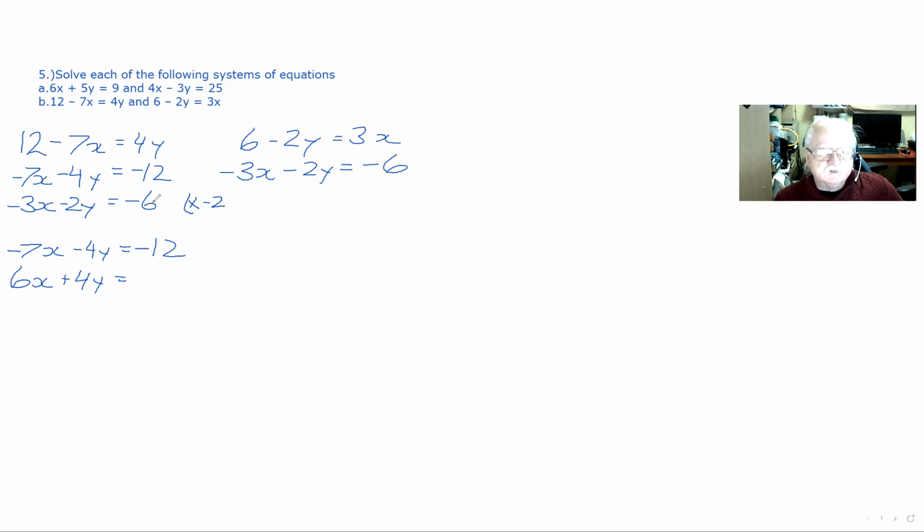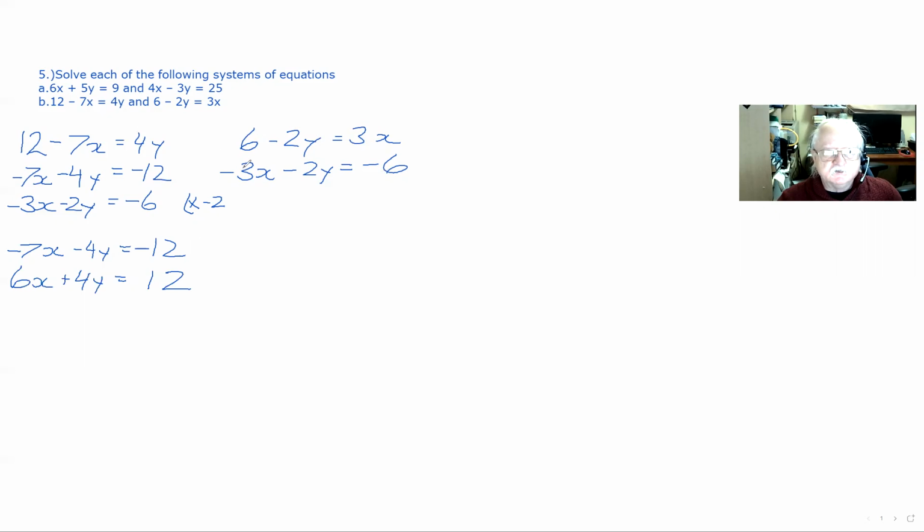A negative 2 times negative 6 is going to become a positive 12. And did we make sure we got all the negatives and positives here right? What did we do here?